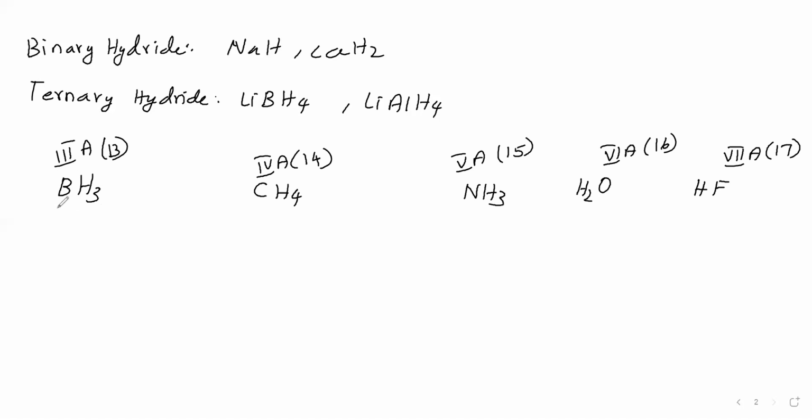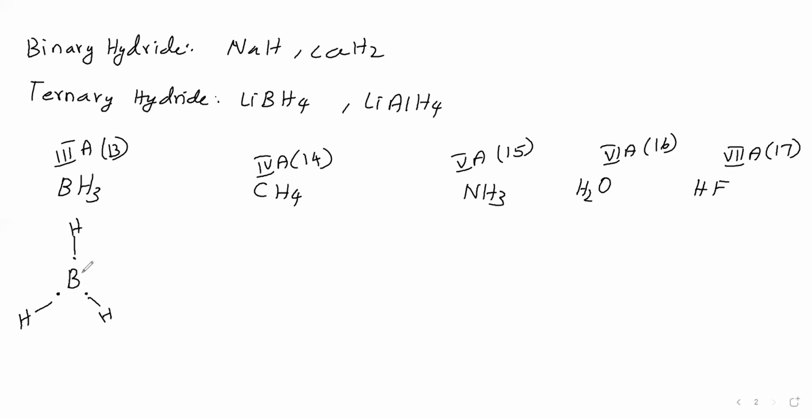Now, here boron we are taking, that is group number 3A. This valence shell contains 3 electrons. This is making bond with hydrogen like this. Group 3A hydride. In this group 3 hydride, how many electrons does this valence shell have? 6 electrons.